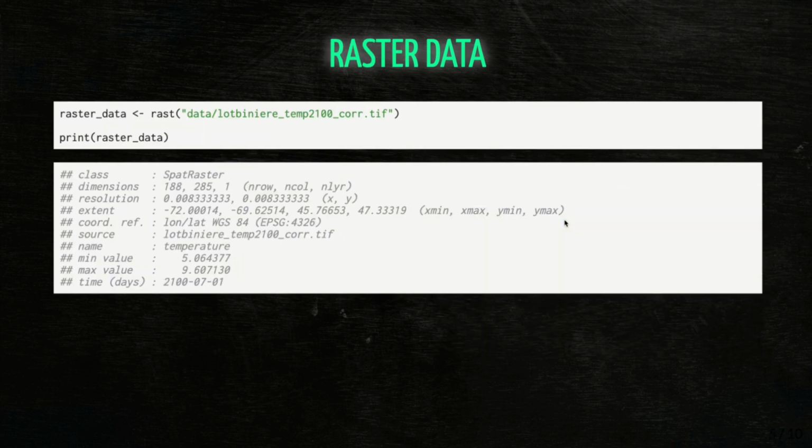Now, spatial data also comes in the form of raster data. So here I call the rast function and I tell it, look in my data folder and read this tif file.